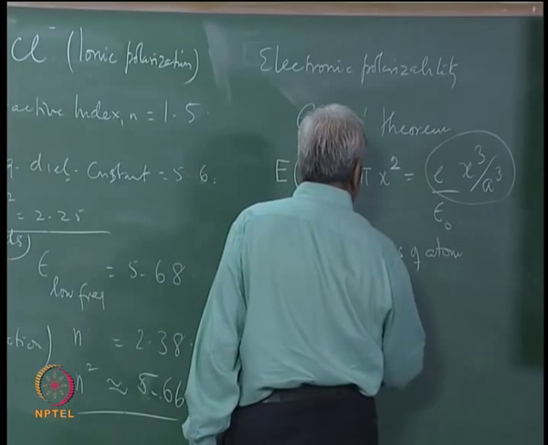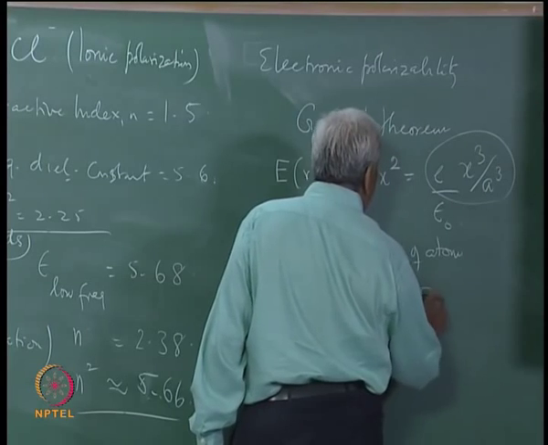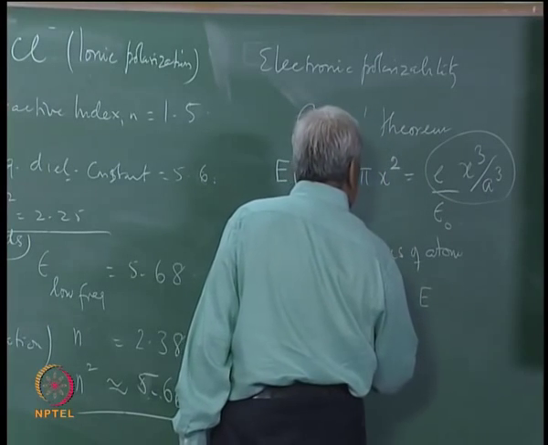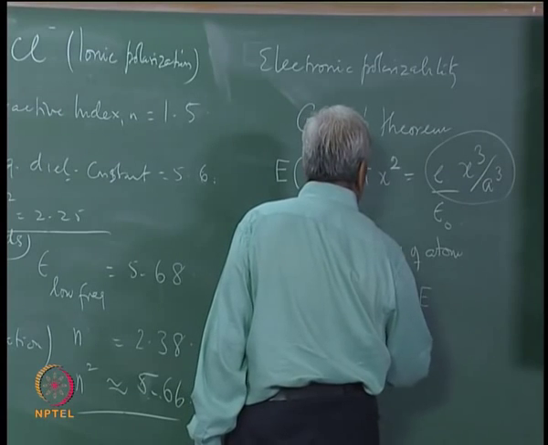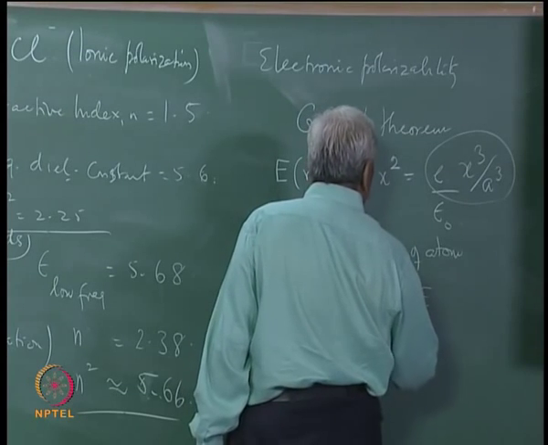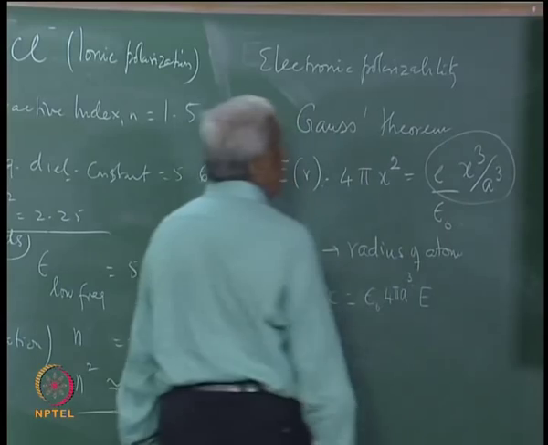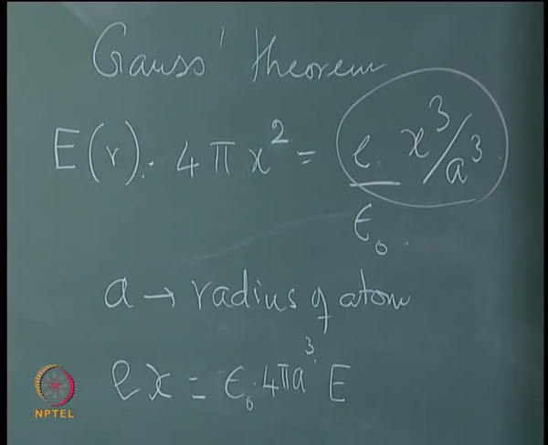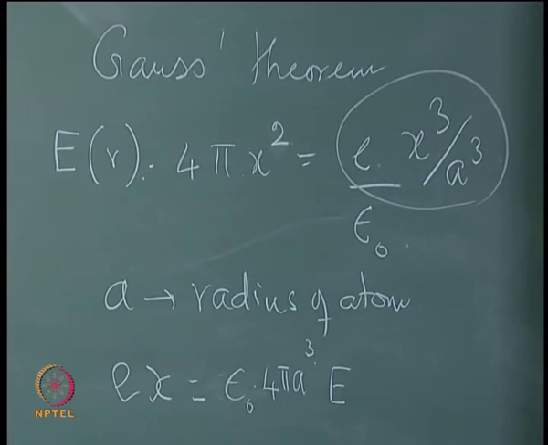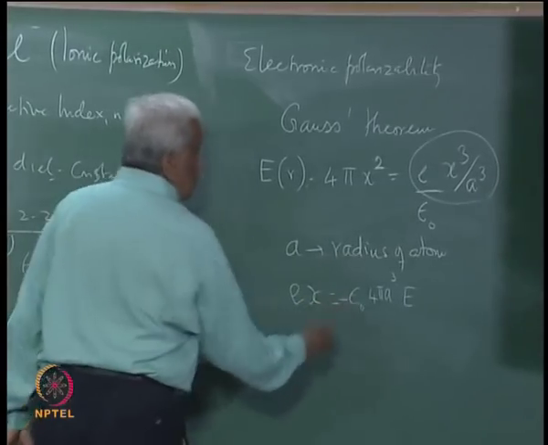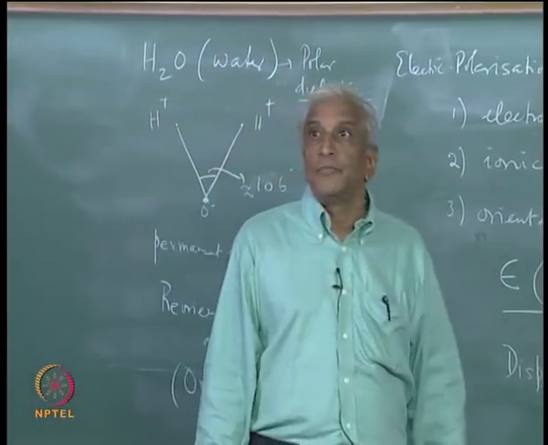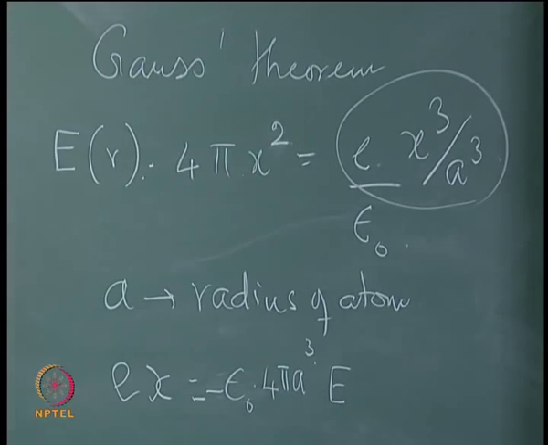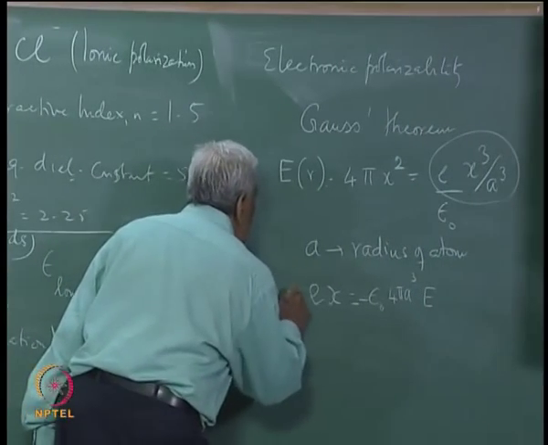E times epsilon naught into 4 pi a cubed, with a minus sign, in order to show that the dipole moment has a negative sign, since the charge is negative. So, this is the induced dipole moment.